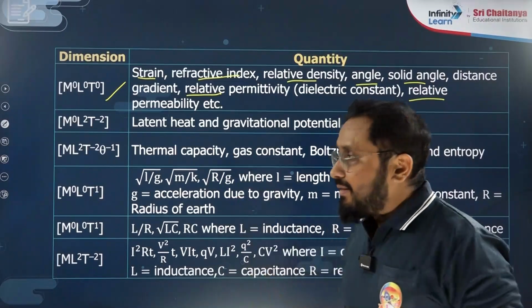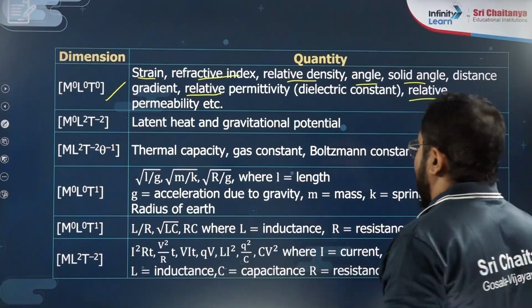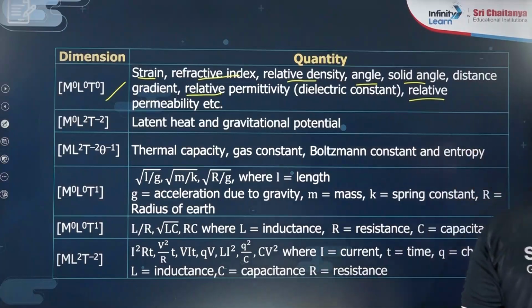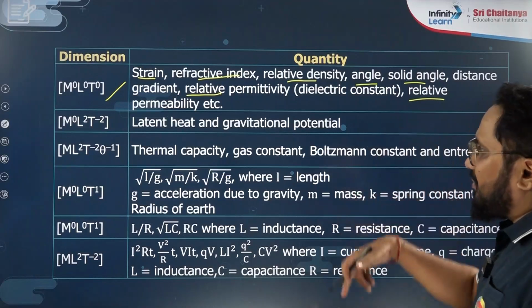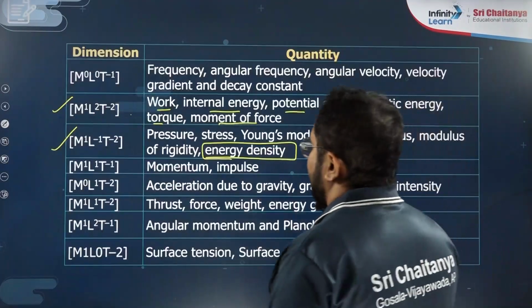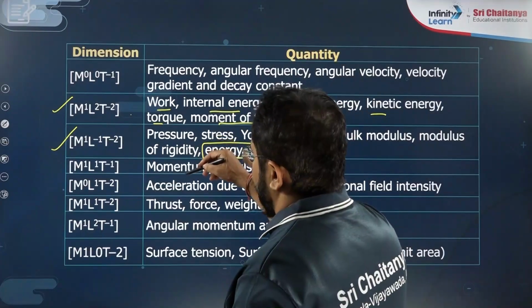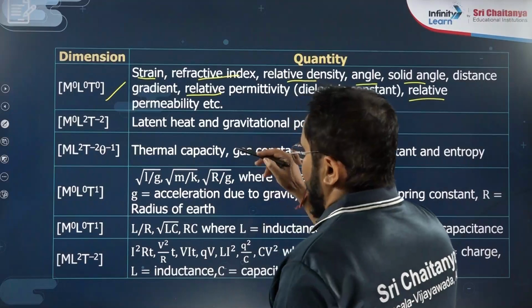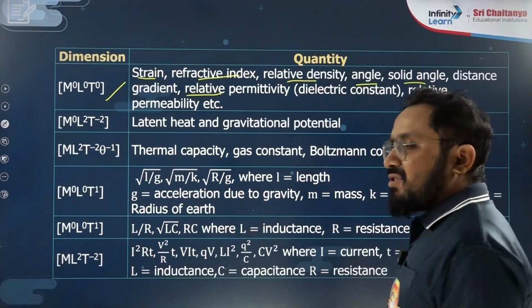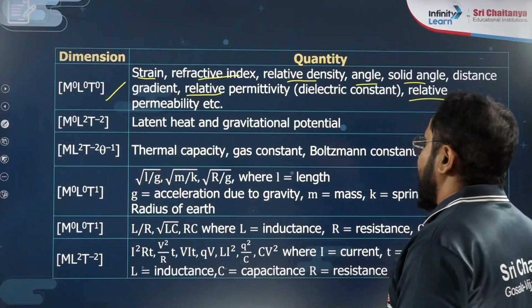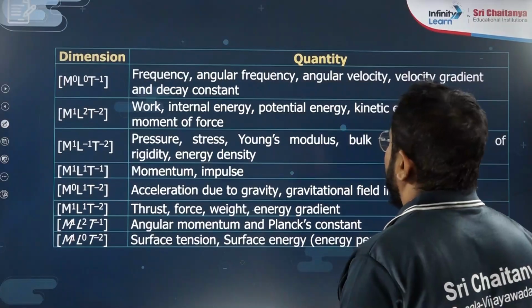Density divided by density. So that is dimensionless. So these are the dimensions which I have brought for you. You can take a screenshot over here and learn it. By learning this, how many are there? Let's see: 3, 3, 6, 8 and 5, that is 13. By learning 13 dimensions, I think you almost cover everything. Most of the things are covered.